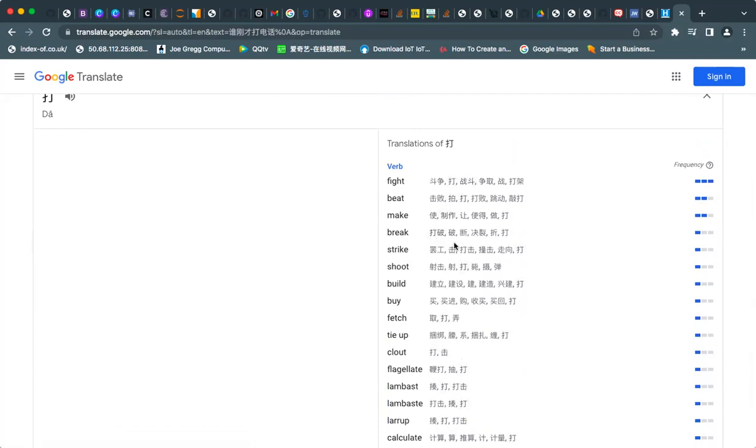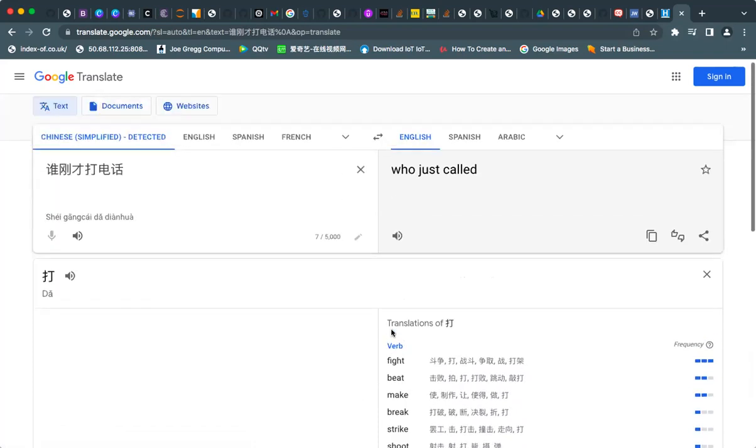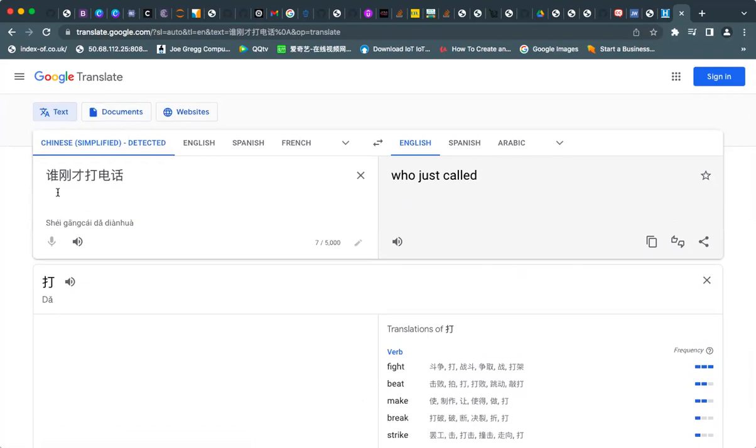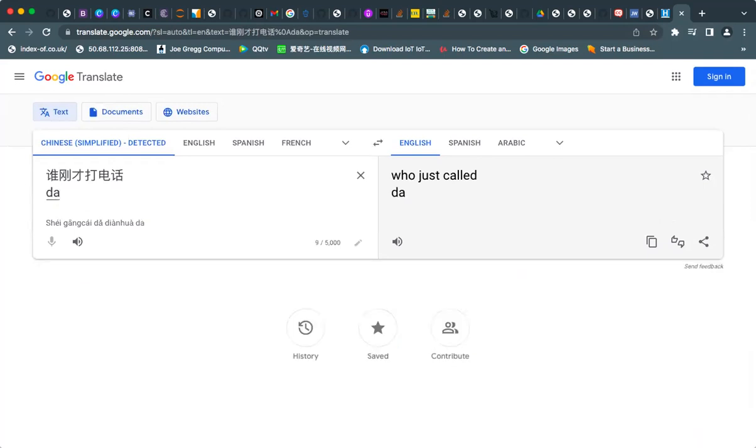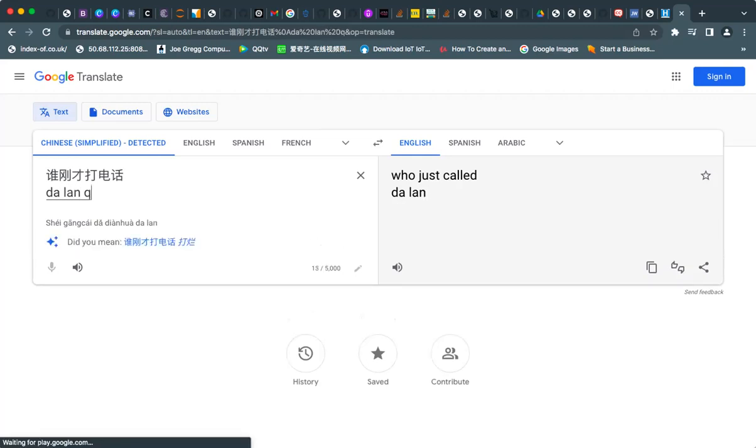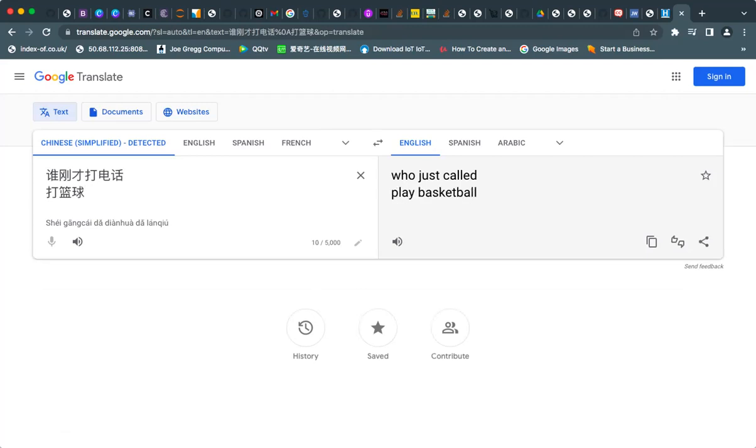For example, when people are playing something, you will see da, like playing an instrument? And not really playing sports. For example, da lan, to hit basketball. That's playing basketball.